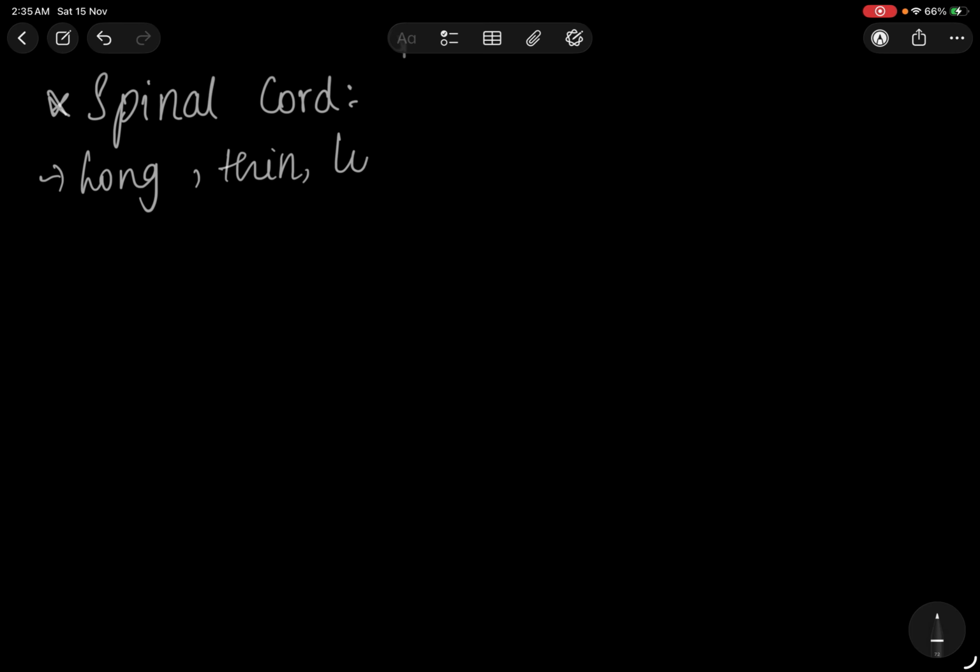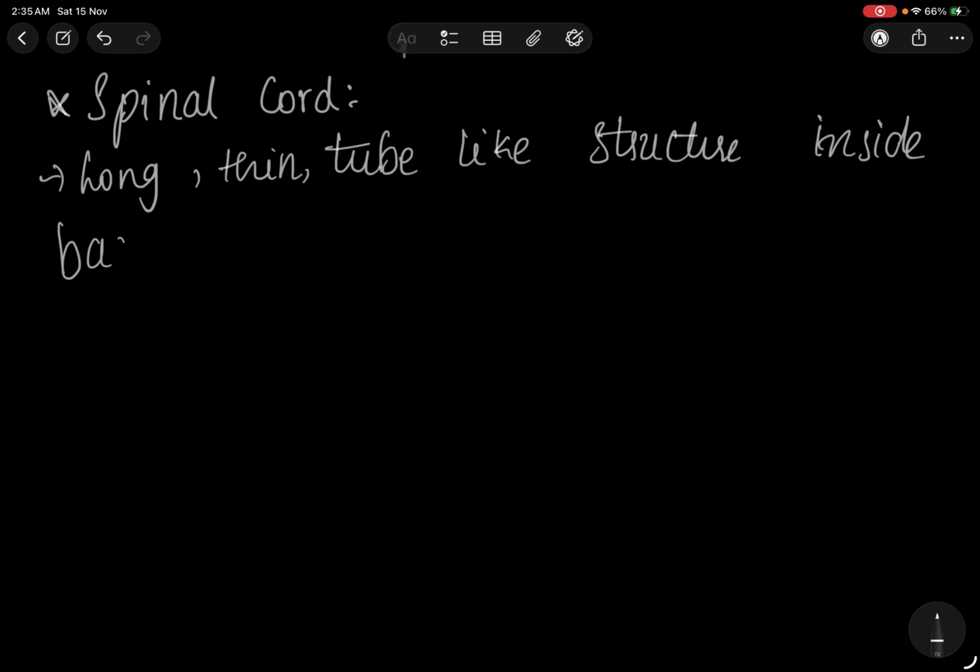So next, when we speak about the spinal cord, it is a long, thin, tube-like structure that is inside the backbone.